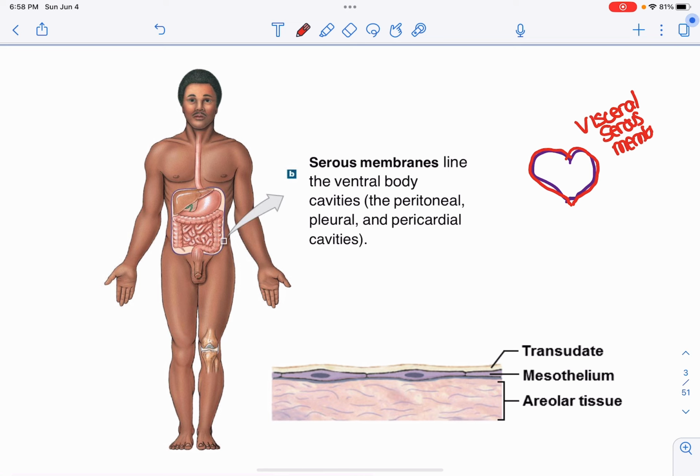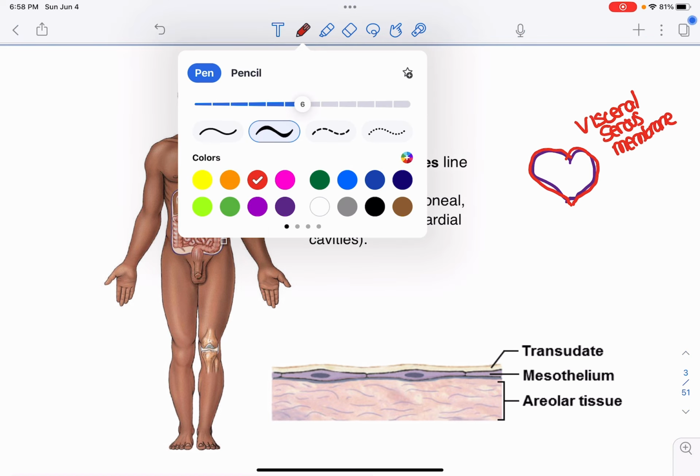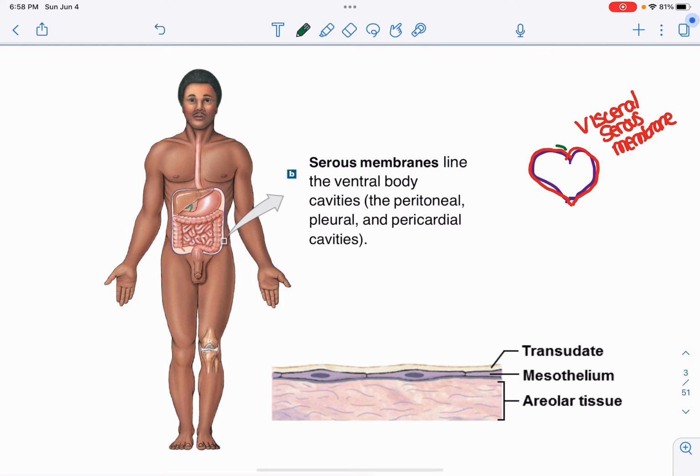And then there was a second membrane that connected or attached the heart to the body wall, and this one was called the parietal serous membrane.